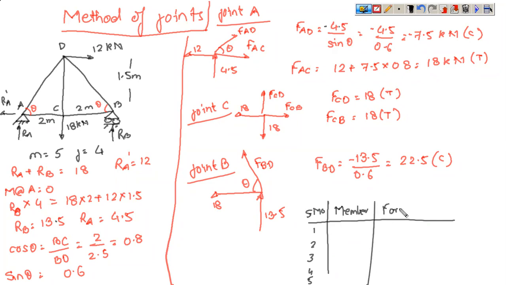You have to write down the force, and the nature or sense. Whatever minus values you have got, those are all compressive. Whatever positive values you have got, those are all tensile. And simply by drawing this table, you can clearly show what has been demonstrated in the problem. Okay, so this is about this specific problem.